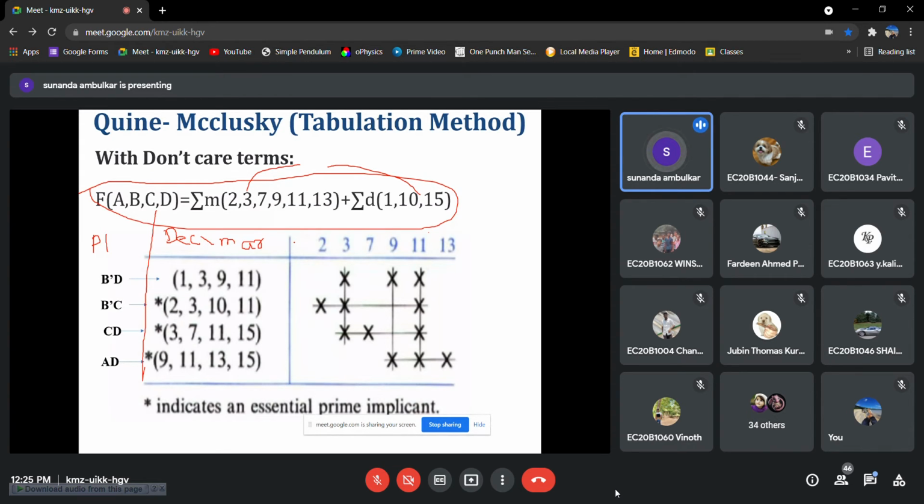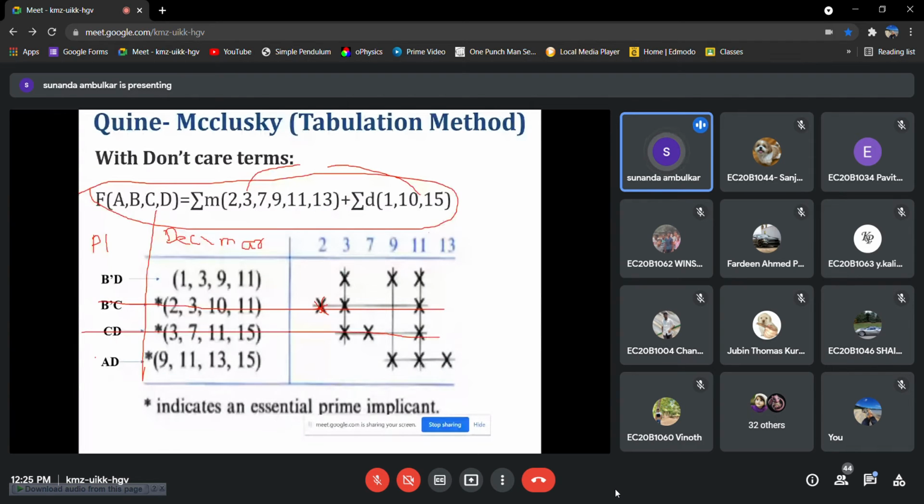Okay. So the next step is we have to find those min terms which belong to only one prime implicant. If we observe this prime implicant table, we see that this 2 belongs to only one prime implicant. Here again, 7 belongs to CD only and 13 belongs to AD only.